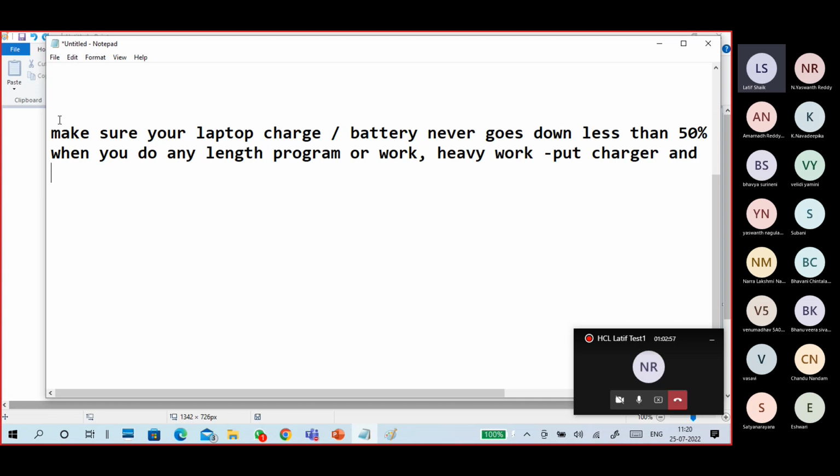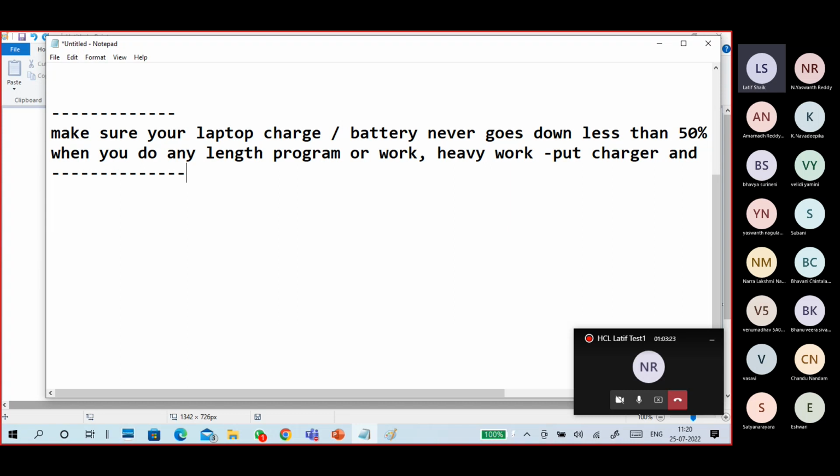Guys, these are two more maintenance things. One is always keep your battery charged more than 50% generally. If you forget to put it on charge and it goes below 50%, immediately put it on charge. Don't wait for 20. If power is not there, and it is very important work, power may come in 10 minutes, no problem.